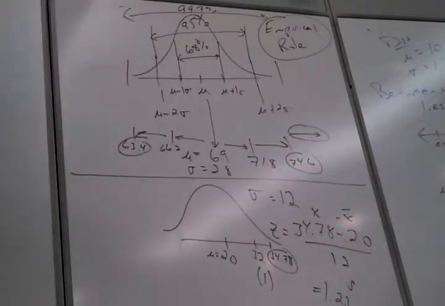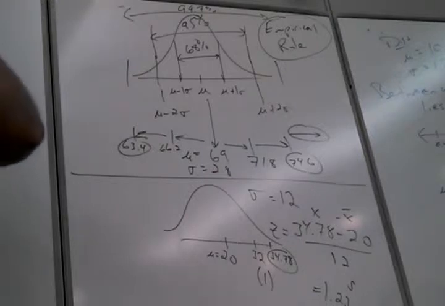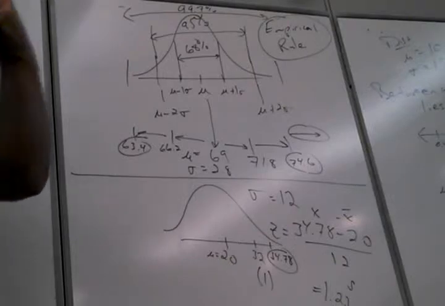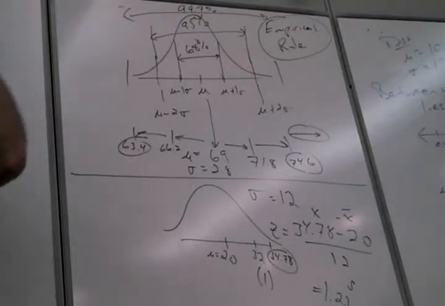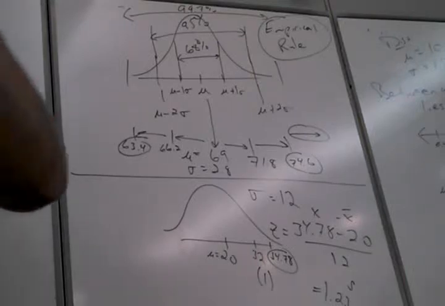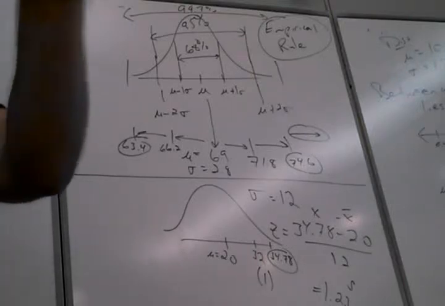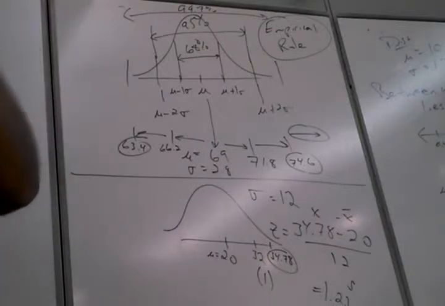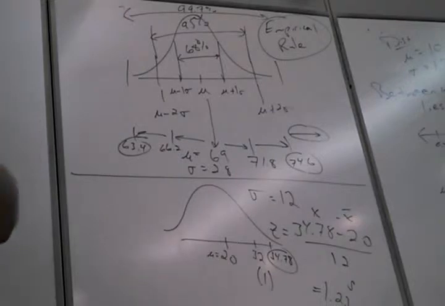Let me say that again, because every single test I will ask the same question, and someday I'll have less than 10 people get it wrong. This is exactly on the test. Tell me what a z-score tells you in general. Ready?